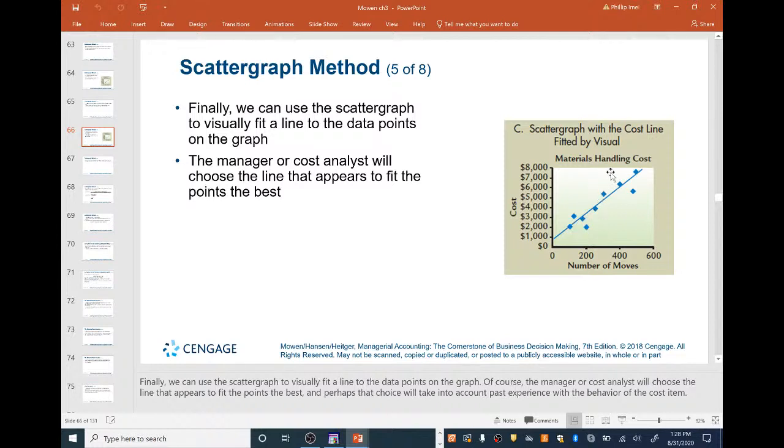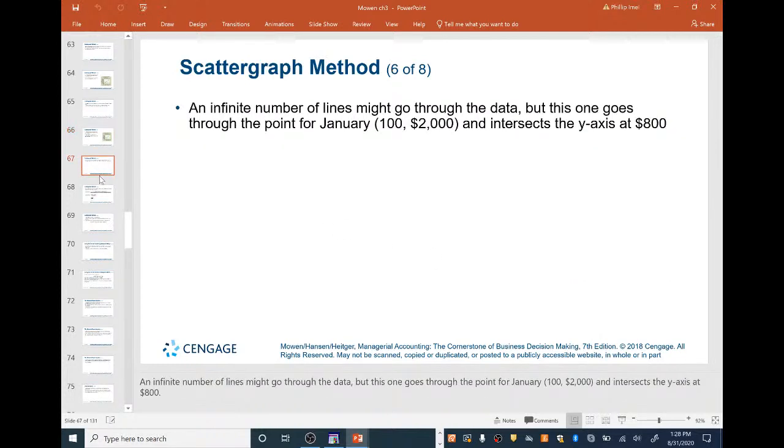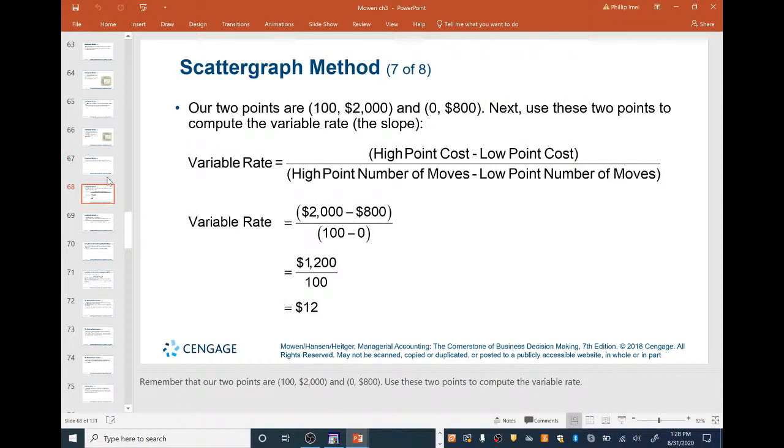When we look up there, it's about 800 where it's on the Y, I'm sorry. So that's a little visual of what they're saying right there. So our 2 points of concern here are 100 and 2000, and 0 and 800.